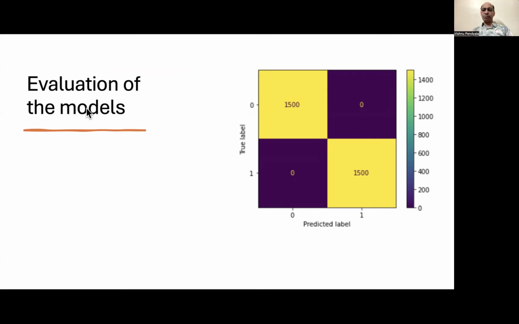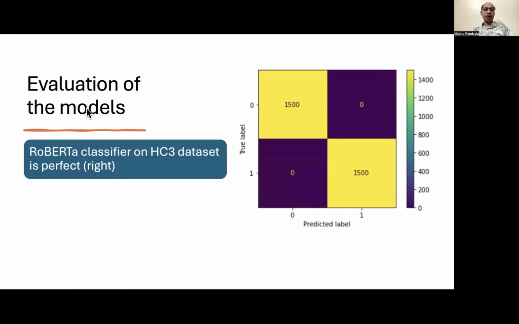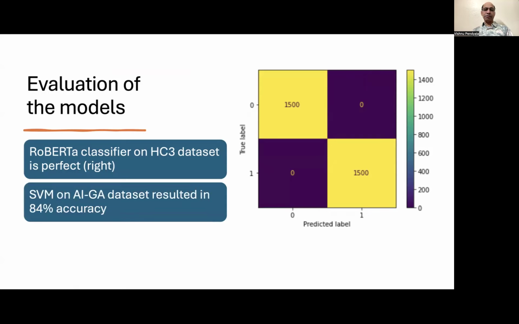So then we used machine learning models. The first one was a RoBERTa classifier itself. We use a classification head on RoBERTa on the HC3 dataset, and it's almost perfect. The confusion matrix on the right indicates that the classification was almost perfect.